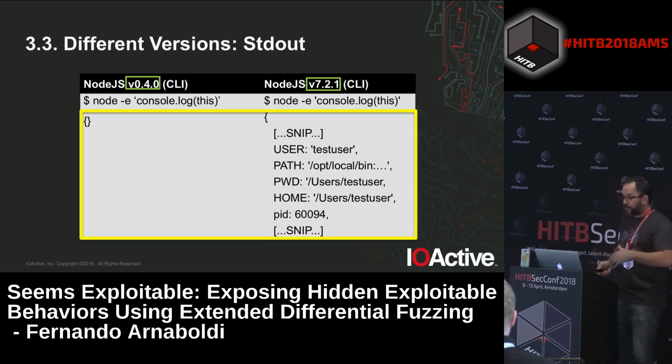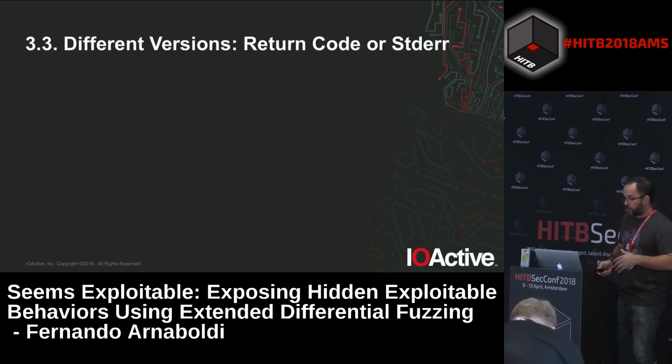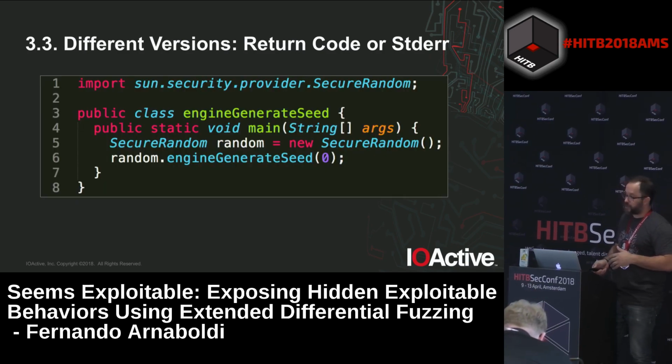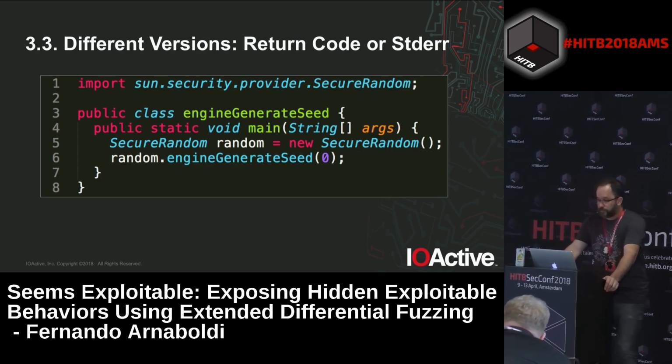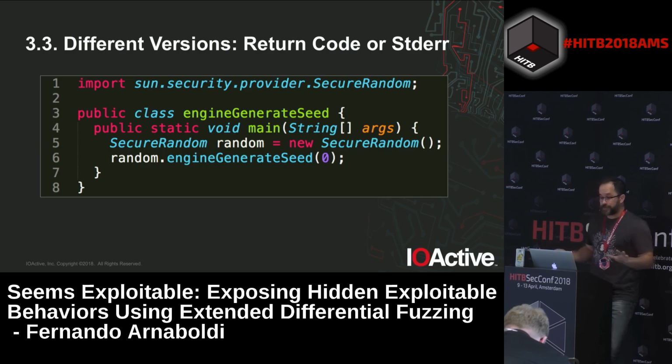Still talking about different versions. Oh yeah, because we were talking about Java. This is another random functionality. I really wanted to find something more interesting, but I still want to share that in different versions of Java, you may see a different behavior when it comes to this.